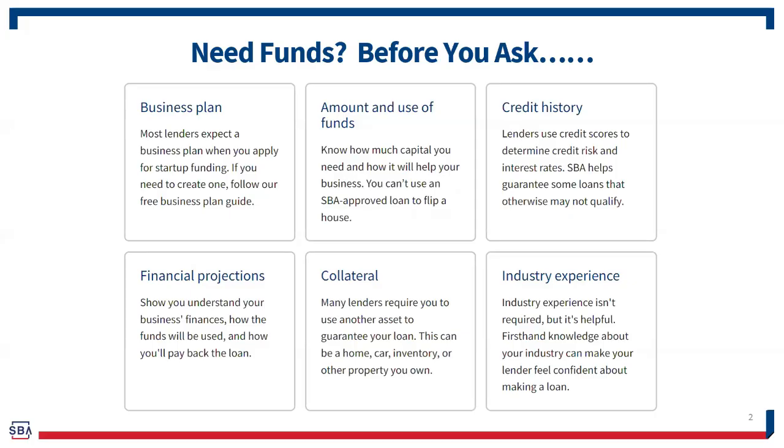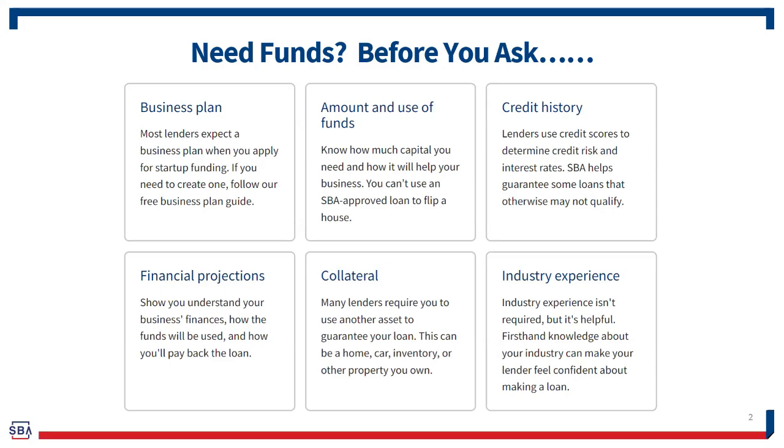So, as you know, typically when you are going to open a business, you generally have some of your own funds. Maybe you have borrowed some funds, but you still might need some to open that business. But if you need to ask a lender for any type of access to capital or money of any sort, you're going to want to make sure that you have specific information prior to going to that lender.